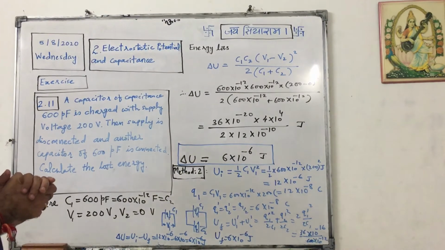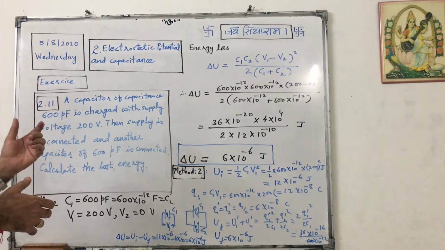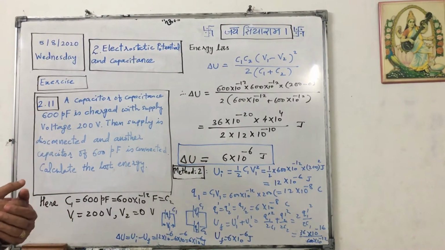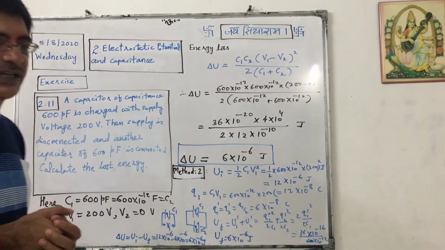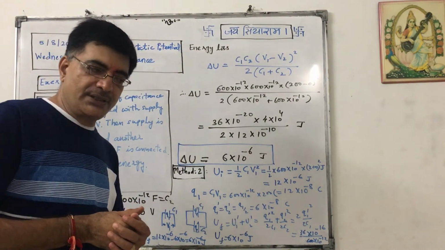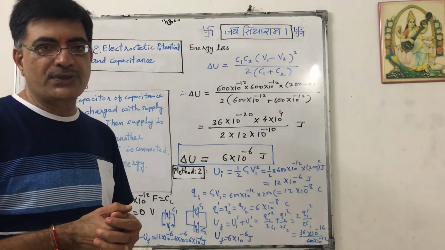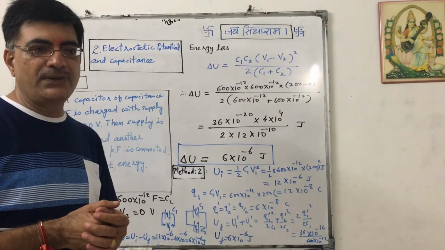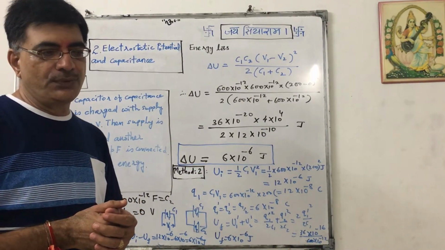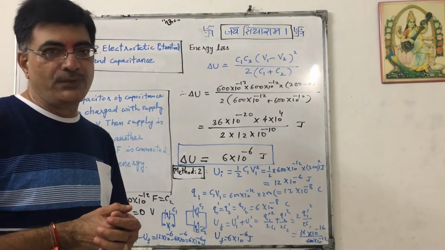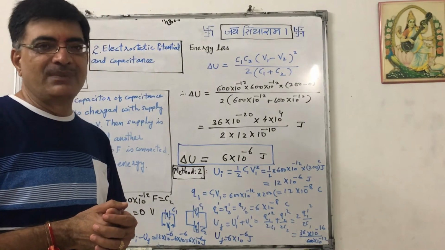Here we derived the formula yesterday, which is not derived in your textbook, but it is used in many reference books. So we will use that formula, and if you do not want to use that formula, we will solve the problem by another method.